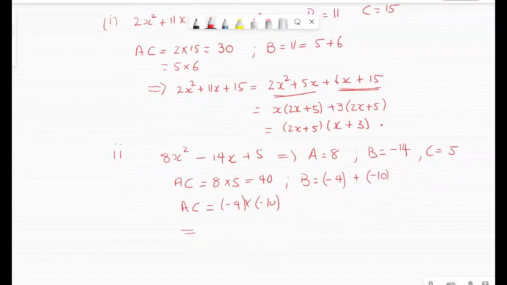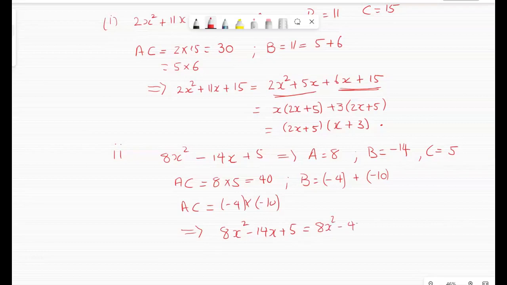And as before, I can write the expression 8x squared minus 14x plus 5 as 8x squared minus 4x minus 10x plus 5.